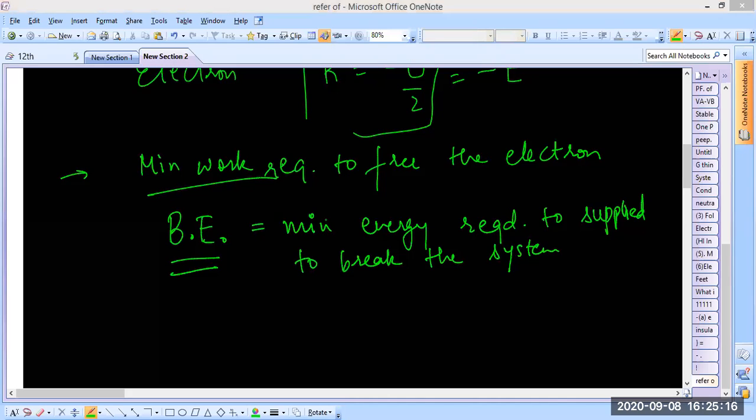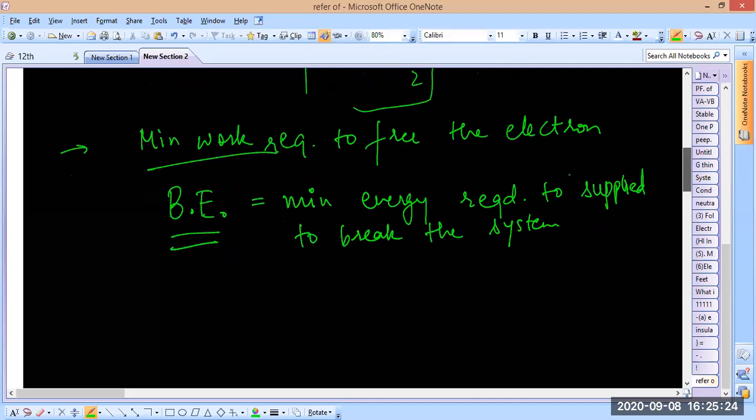Or see, if you have forgotten all this, no problem, you could read it. It has been explained by me in gravitation.